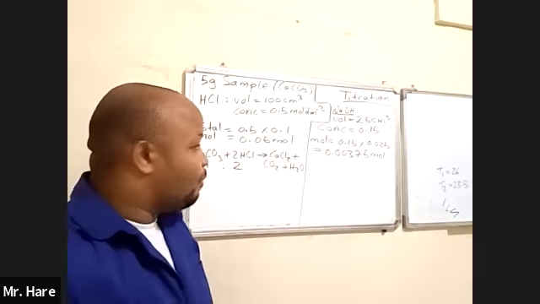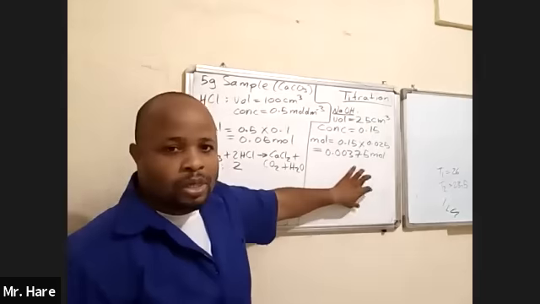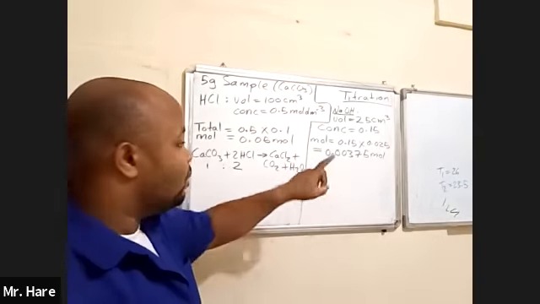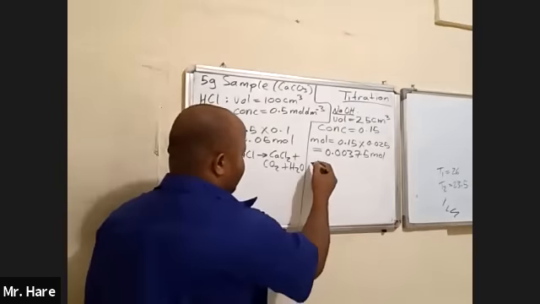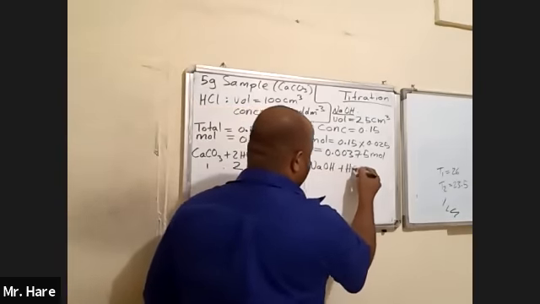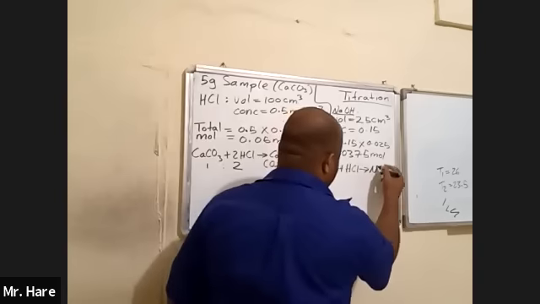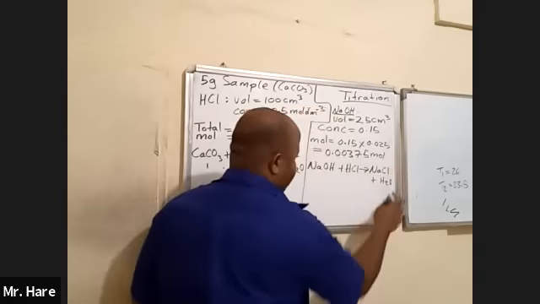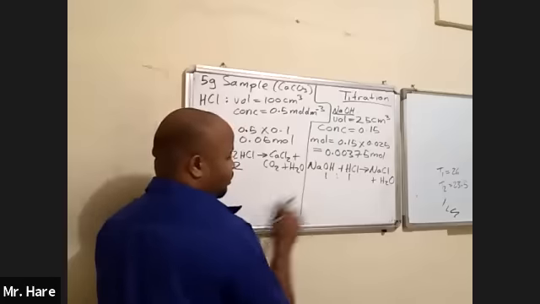Remember, what we are trying to find out is the number of moles of HCl that is used in the titration. So to do that, we need an equation between sodium hydroxide and HCl. And we know that the mole ratio between NaOH and HCl is 1:1.